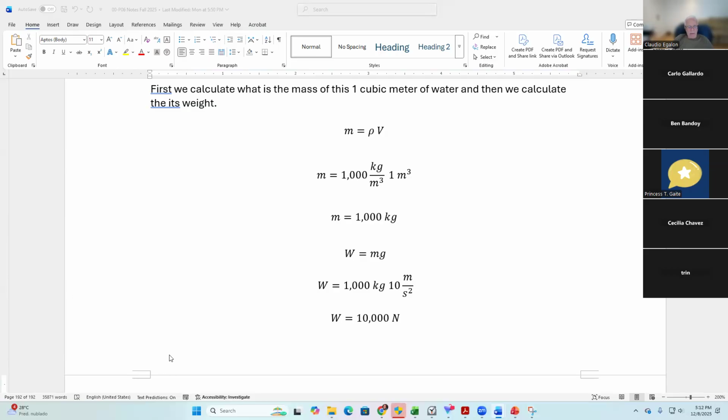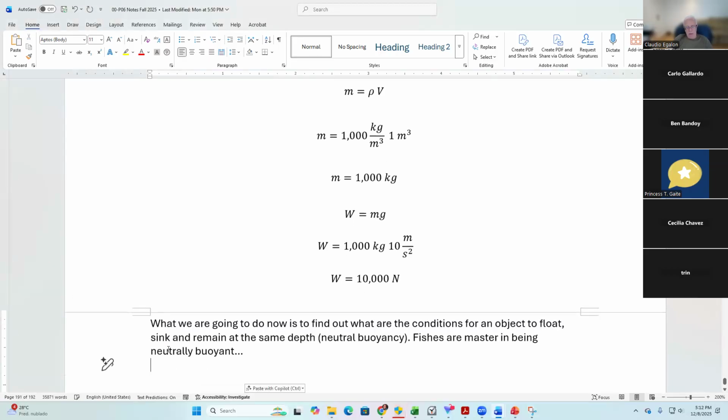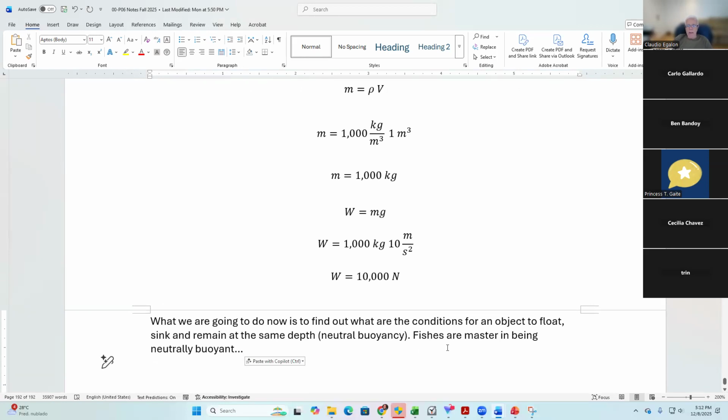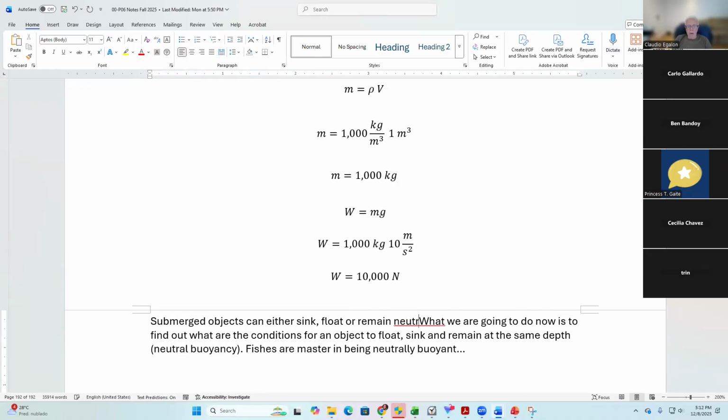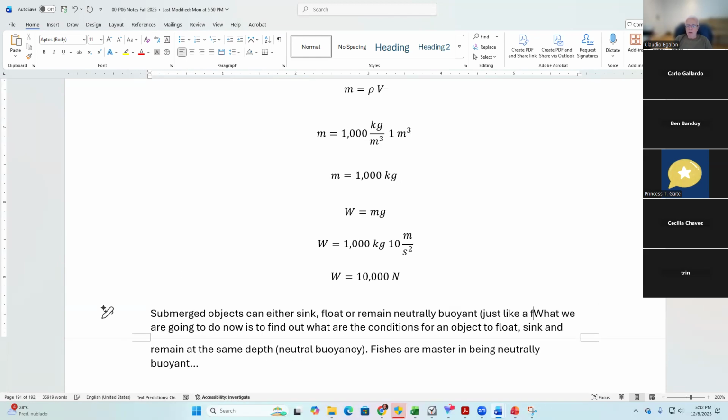And then next, there are other things that we can do about that. What we're going to do now is find out what are the conditions for an object to float, sink, and remain at the same depth. There are 3 important conditions. Submerged objects can either sink, float, or remain neutrally buoyant, just like a fish.